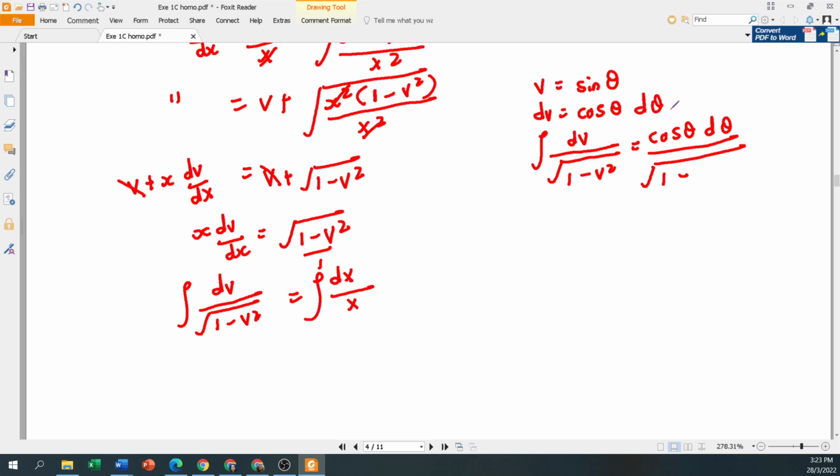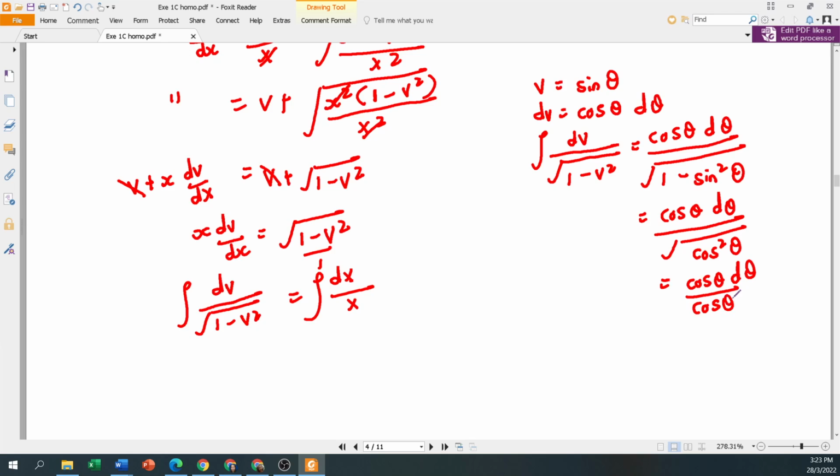So v is sin theta, v squared will be sin squared theta. One minus sin squared theta is cos squared theta. The square root of cos squared theta is cos theta.